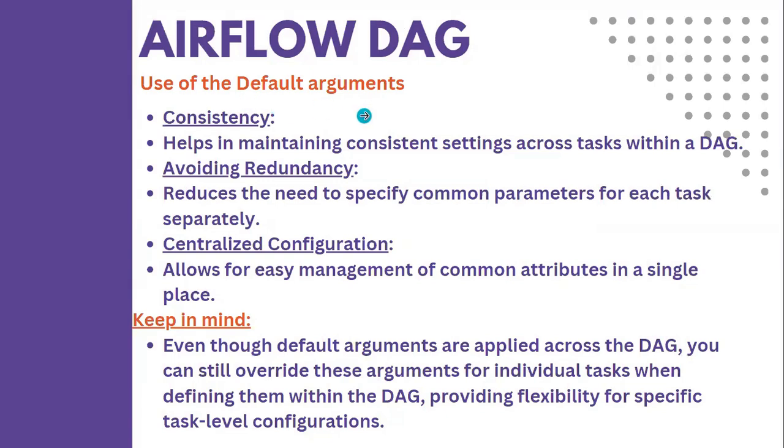Use of the default arguments gives you consistency; it helps in maintaining consistent settings across all the tasks within a DAG file. And it will also avoid redundancy. That means it reduces the need to specify common parameters again and again for each task. For example, if you have three tasks with the PythonOperator or other operators, there are some common parameters like the task execution, start_date and all these things.